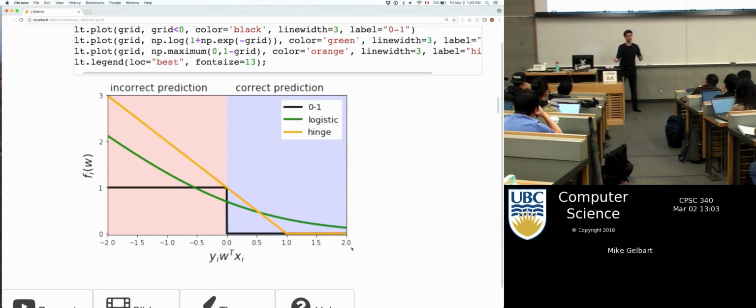Then we had all the rest, and those were the support vectors. There are two ways to become a support vector. You can be in this red area, meaning you're incorrectly classified, or you can be in this blue area between 0 and 1, meaning you're correctly classified, but it's a close call, or you're close to the decision boundary.